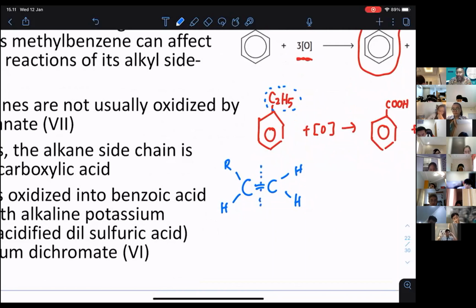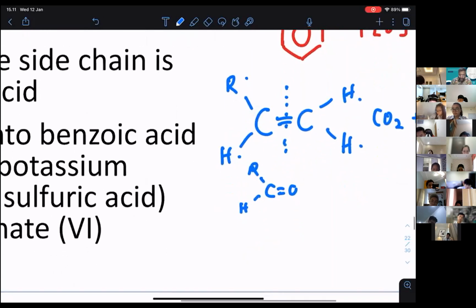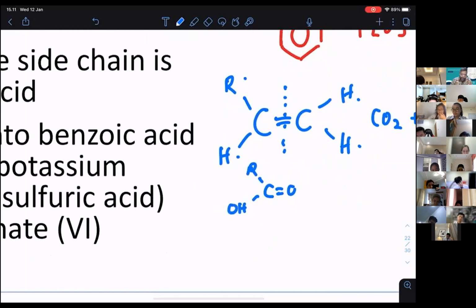It depends on what you have if you break the double bond. If you have H and H, they will give you carbon dioxide and water. If it is 1 R and 1 H, they are oxidized to this, and then further oxidized to become carboxylic acid. I hope you remember this.